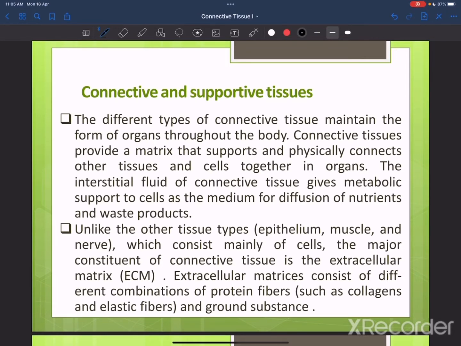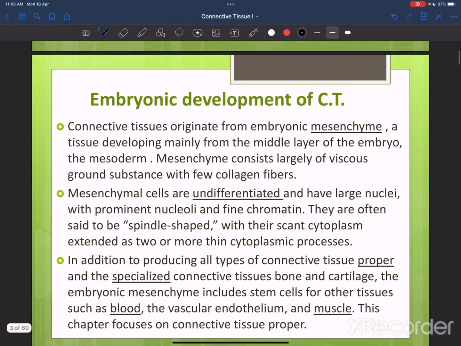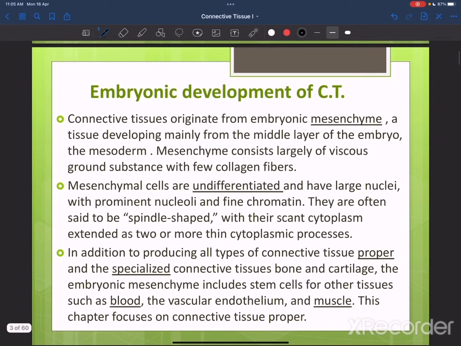The embryonic development of connective tissue. Connective tissue originates from the embryonic layer called mesenchyme, which mainly develops from the middle layer of the embryo, the mesoderm. Mesenchyme consists largely of viscous ground substance with a few collagen fibers and few cells.